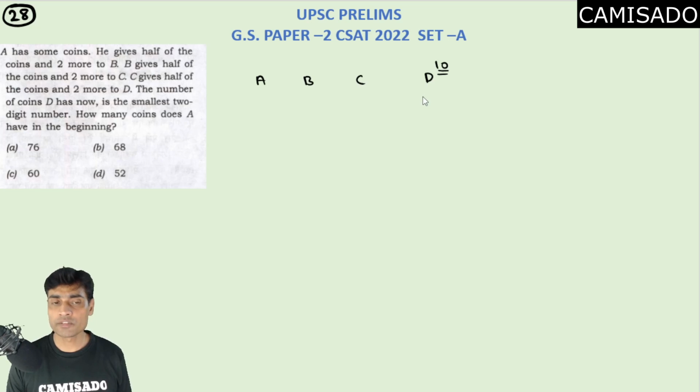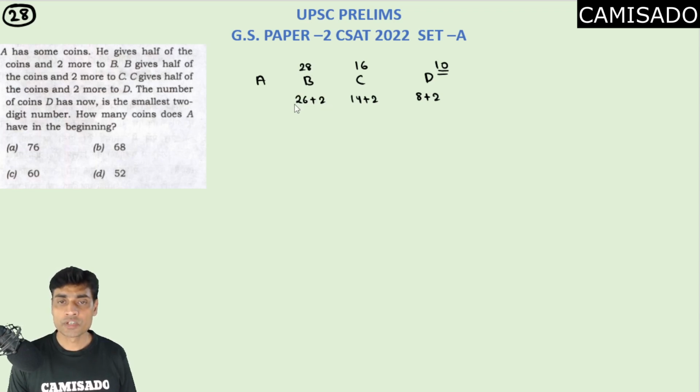In the reverse manner we can do this. According to the condition, 8, and twice of 8 is 16. With 16, it's 14 plus 2. Twice of 14 is 28. 28 is 26 plus 2. Double of 26 is 52.